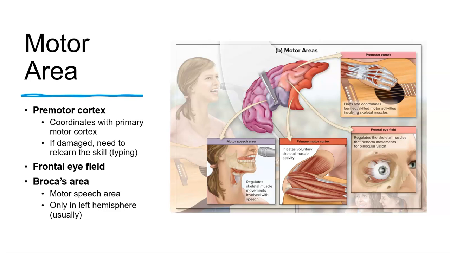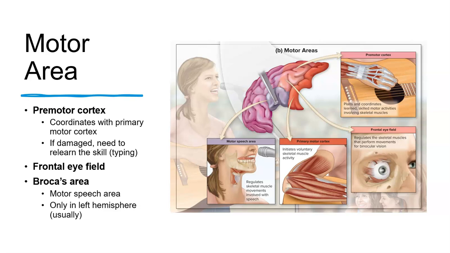You would still understand how to drive a car or ride a bicycle, but you'd have difficulty doing so because your body movement would not be determined by that motor cortex. So basically, if that gets damaged, you have to relearn the skill because it no longer controls what you have learned.